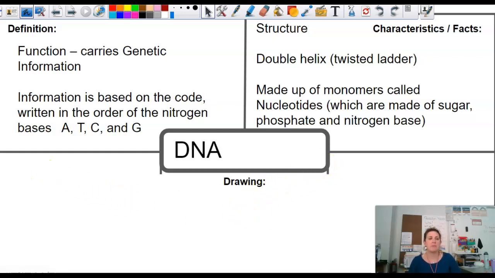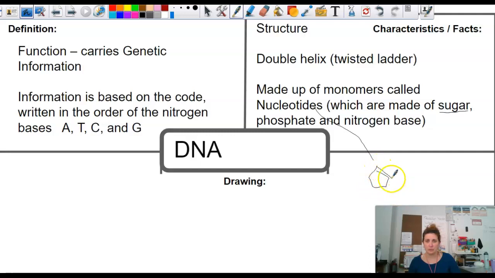We're going to talk in more detail about nucleotides, but just to have an image of it, a nucleotide is a sugar, a phosphate, and a nitrogen base. That's just the nucleotide. That's not DNA.